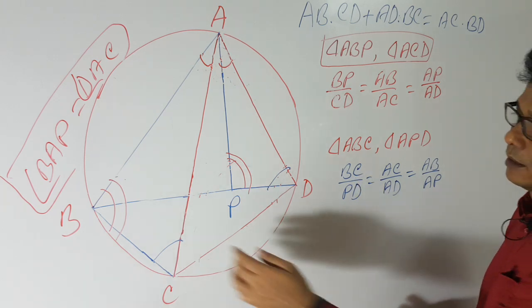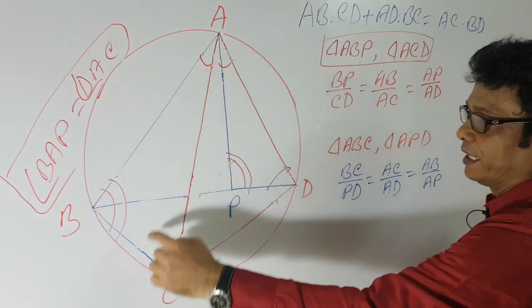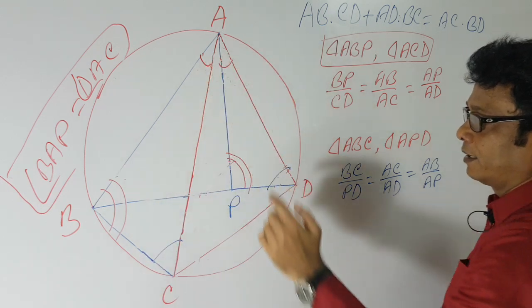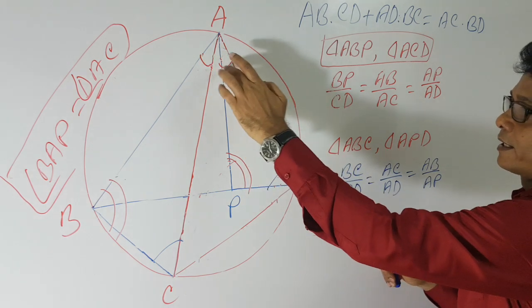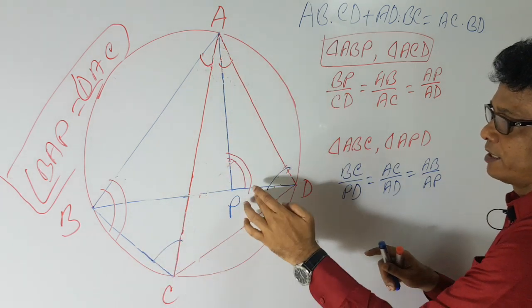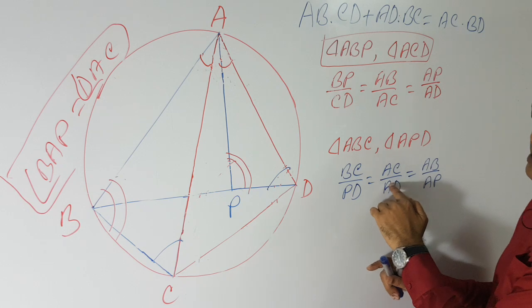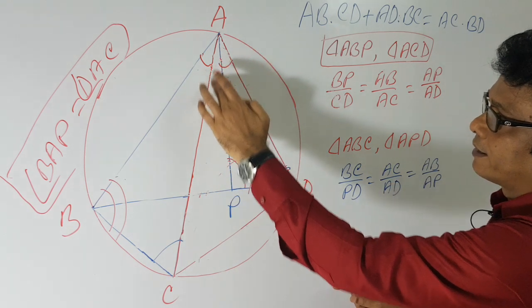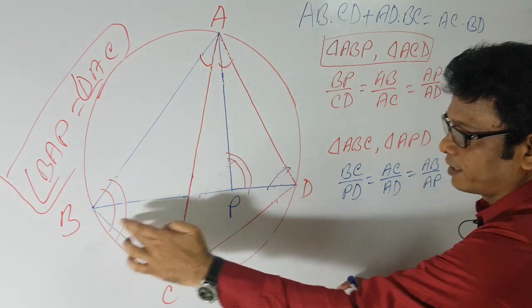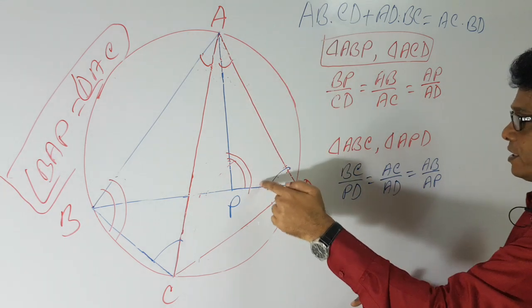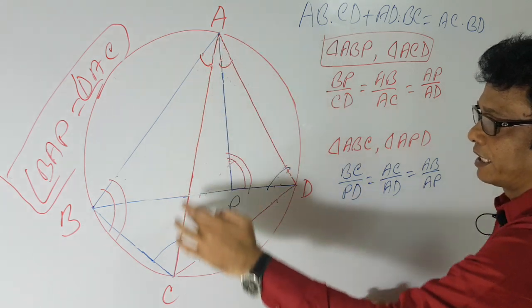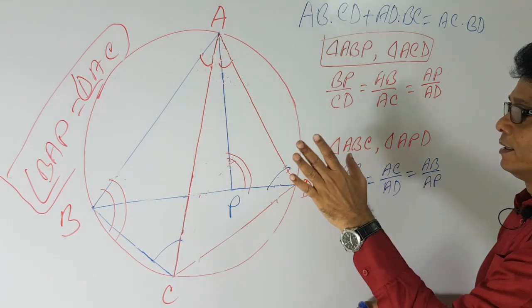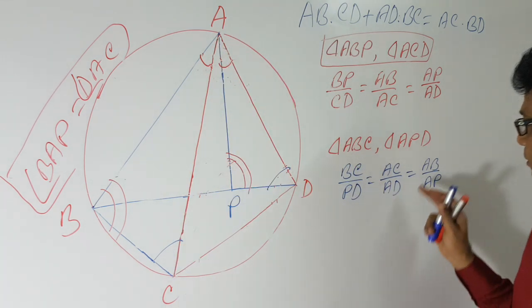BC is the opposite side of this angle. PD is the opposite side of the equal angle. So BC by PD. AC is the opposite side of this angle, AD is the opposite side of the equal angle, so AC and AD are corresponding sides. Okay.